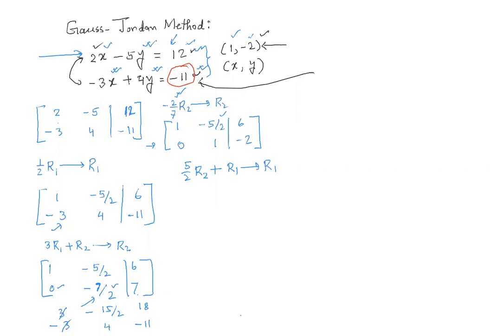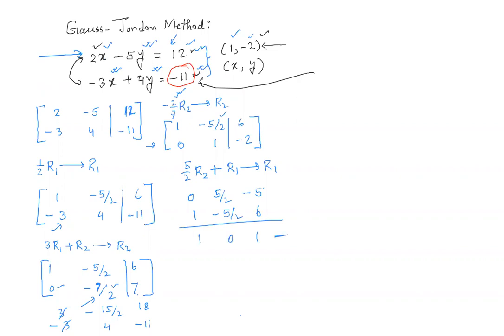So this one requires a little bit of work. So 5/2 times second row is 0 times 5/2 is 0. 1 times 5/2 is 5/2. And then -2 times 5/2 is -5. And I'm gonna add this to the first row, 1, -5/2, and 6. If you add this, okay, this becomes 1, 0, and 1.